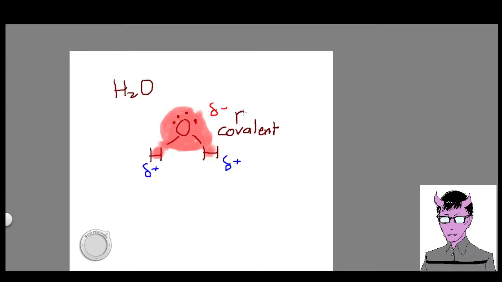So we call this one polar. Remember, north and south pole, two distinct ends to a molecule. If you look at it as a magnet, it has two distinct ends because of this partial negative and this partial positive. So we can call this one a polar covalent bond. And the same is true for this one, since it's virtually identical to this one. So polar covalent, polar covalent.